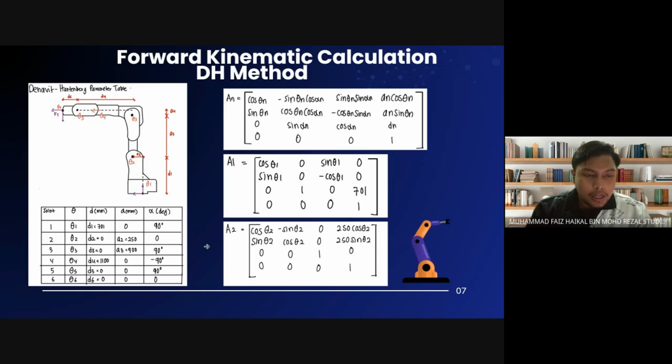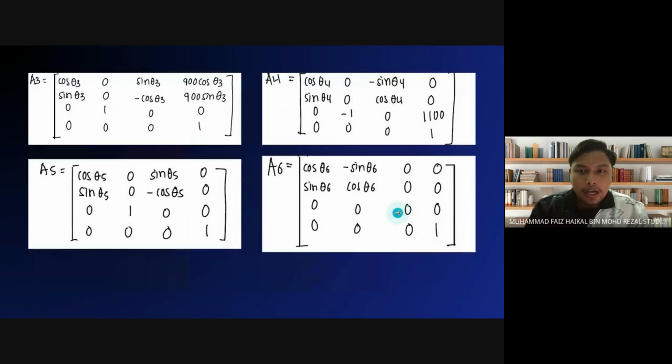After we define the table, we use the formula where the transformation matrix A for each joint is given by the formula. After we substitute into the formula, we find A1, A2, next slide, A3, A4, A5, and A6.